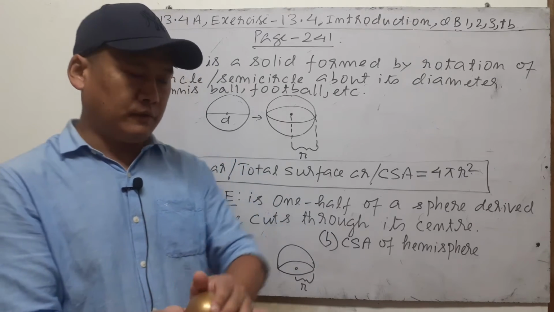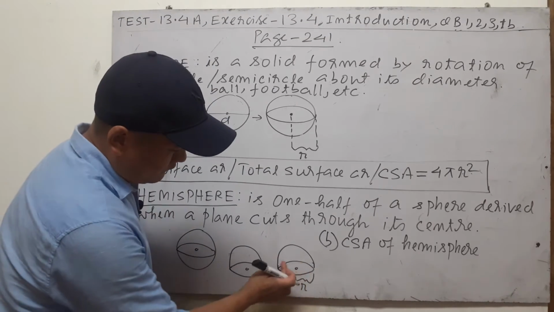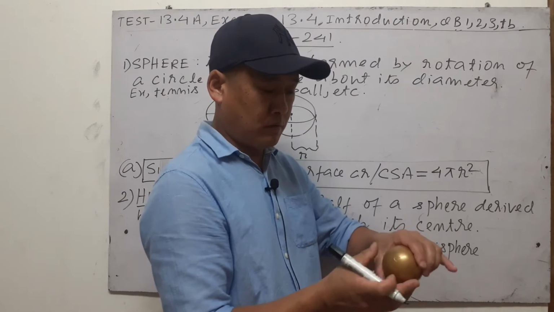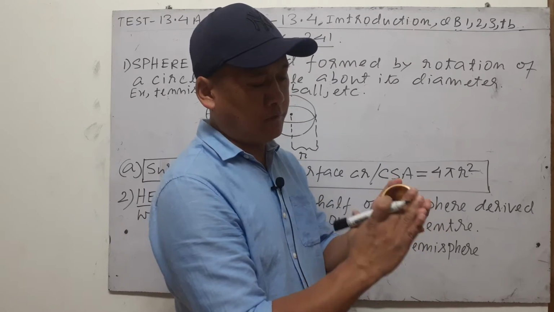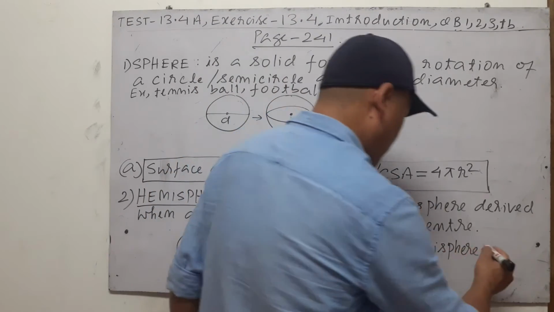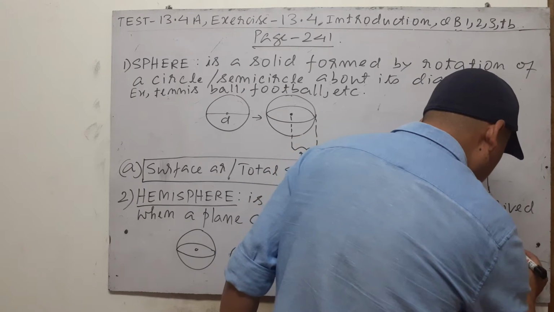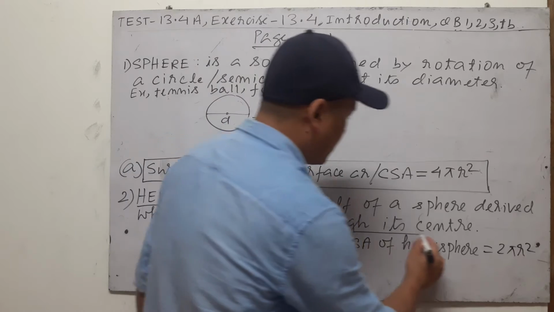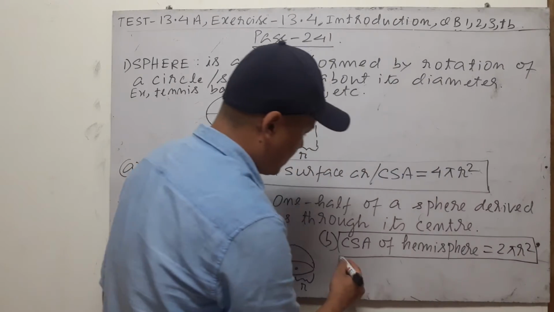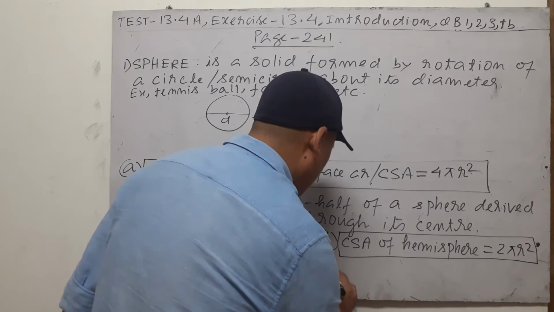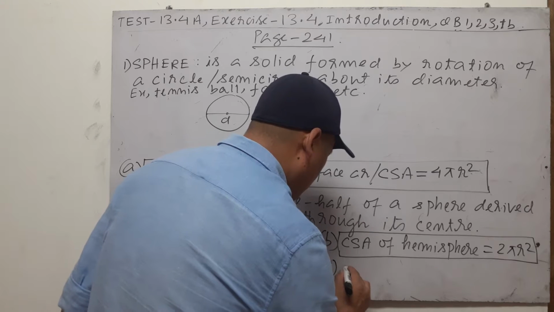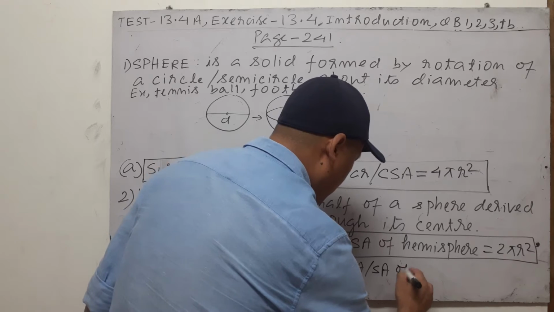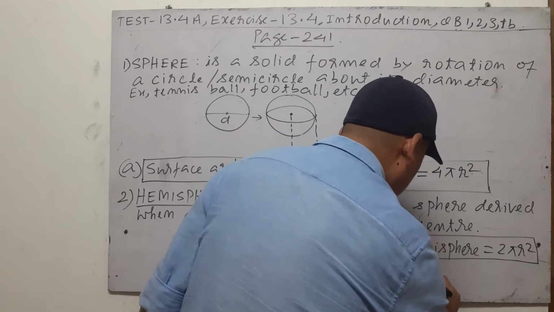This part is curved, this part is flat, so we won't take that. It's given by the formula 2 pi r square. This is the second formula we need to keep in our memory. And the third formula here, this we need to explain: total surface area, or surface area of a hemisphere.